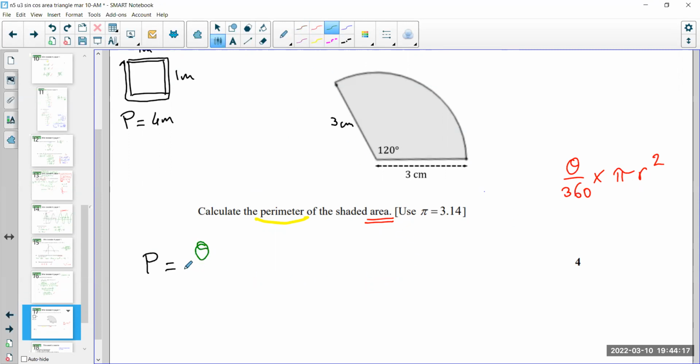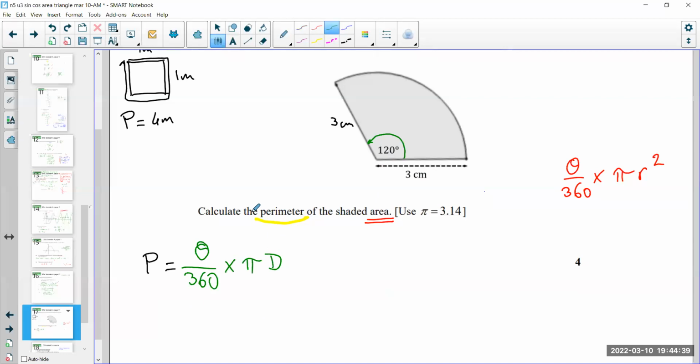Theta over 360, theta being the angle, times pi d. Yeah. And that is the only thing you need to remember, because during the exam, they're not going to ask you for an area. They've removed it.